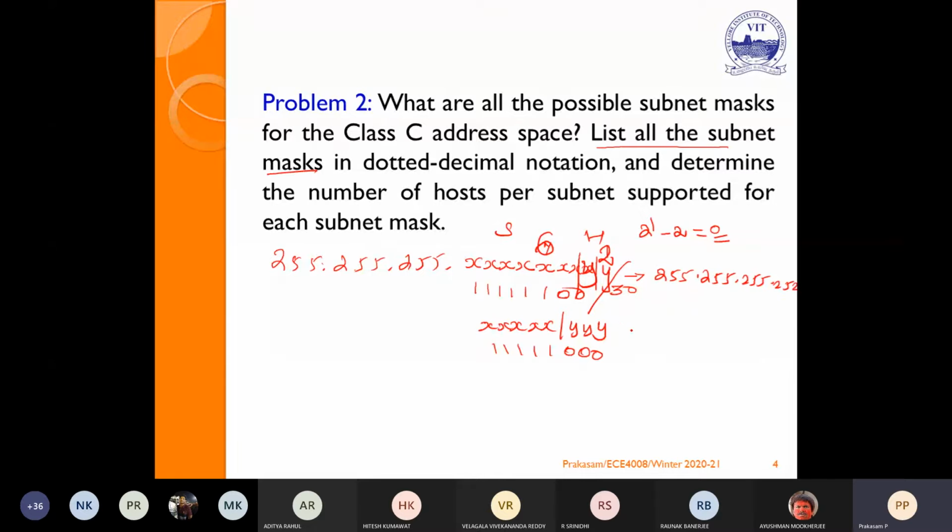The second possible subnet mask. So what is the decimal equivalent? 248.